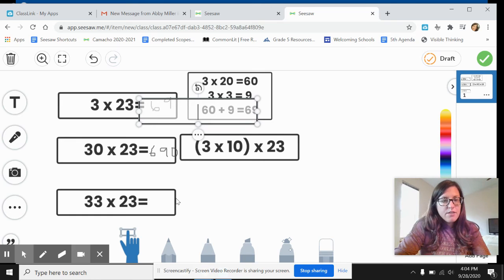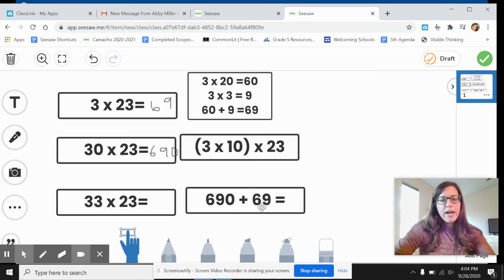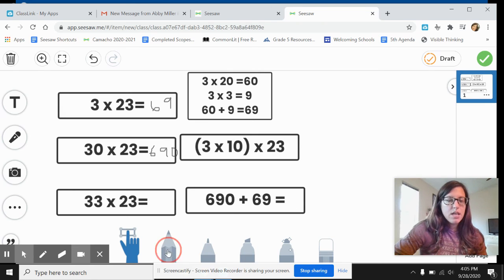So I have 690, and I'm adding 69 to it. And I'm going to solve that by moving 10 from this one over to here to make it 700 plus 59, because then that makes my answer easier. I know it is 759.